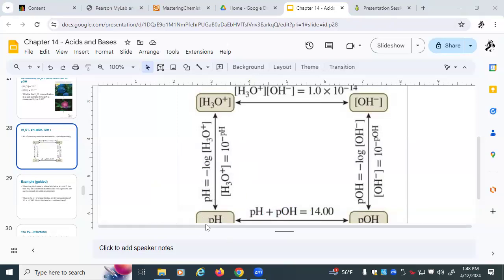Since I have the pH, I would use the pH to find the pOH. So I would just subtract the pH from 14. That'd give me the pOH. And then I would be using the anti-log functions to go up to the hydronium and the hydroxide concentration.